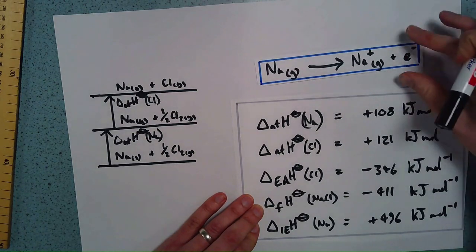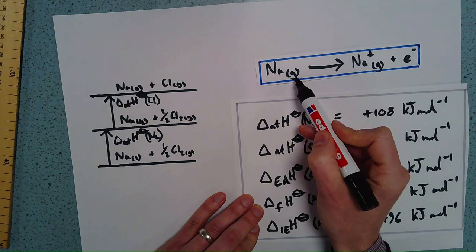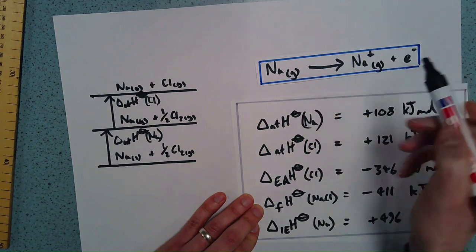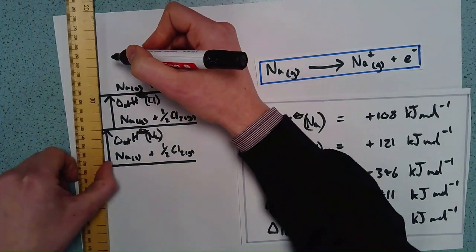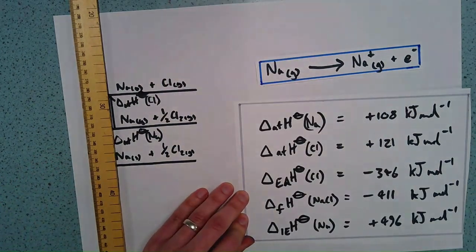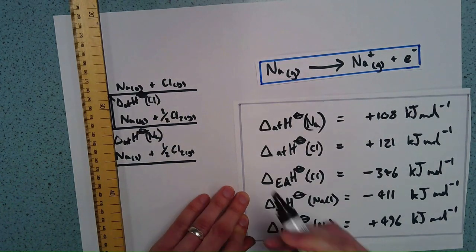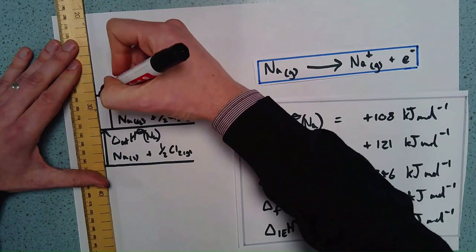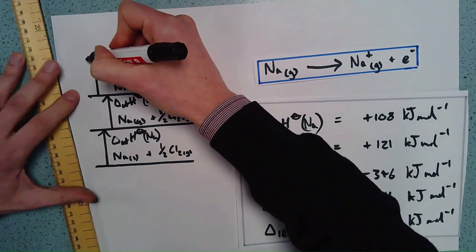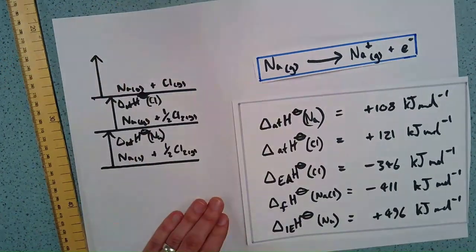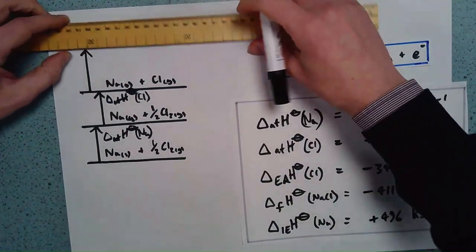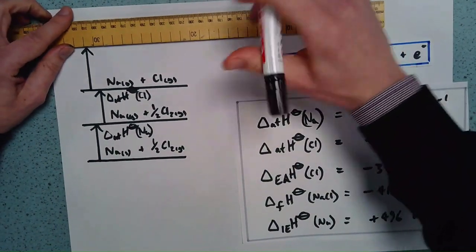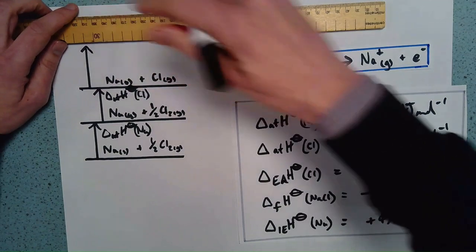And that ionization energy is represented by this change. We're changing Na gas into Na plus gas and electrons. So again, my ruler's out. We can see that this is going to be another plus number. We're going to go up to here. And we're going to just fill in what we've got at the top there as well.